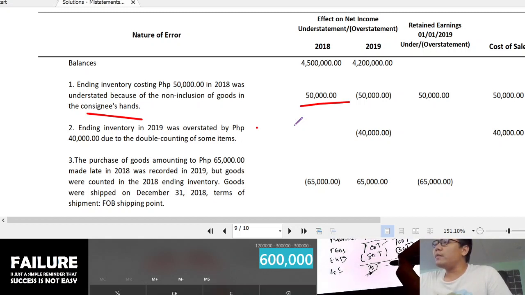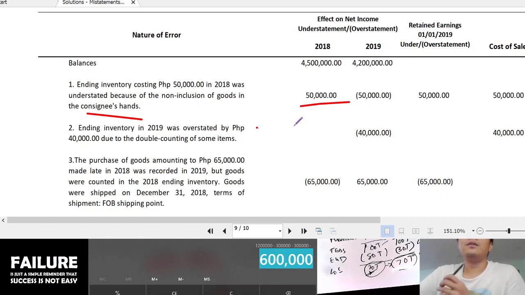Kung pansinin natin, the correct amount is 20,000. After the error, naging 70,000 siya. So, overstated yung cost of sales natin. Kung overstated yung cost of sales natin, obviously, yung net income is understated. Di ba? Sobra yung cost of sales, parang sobra yung expense natin. That is why, understated yung net income natin by 50,000.